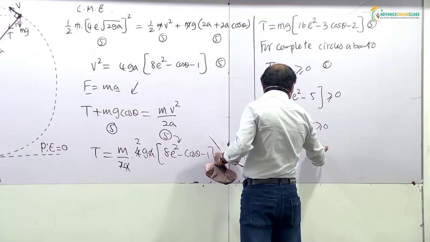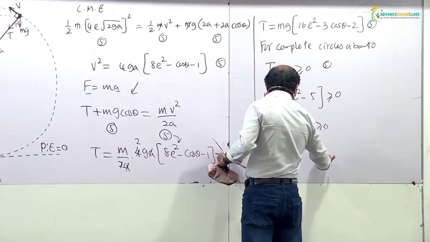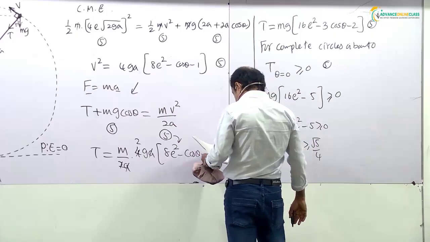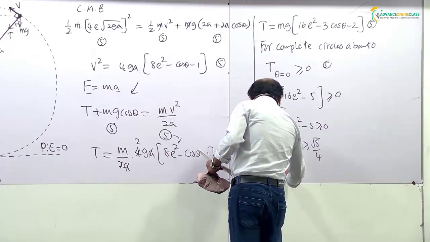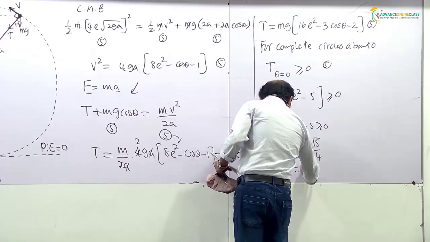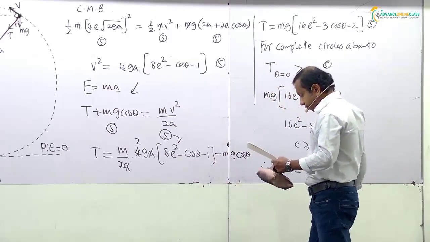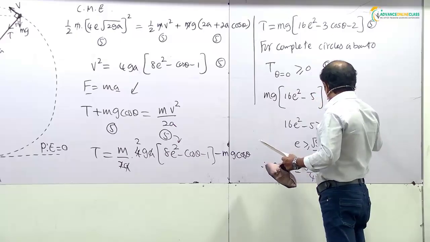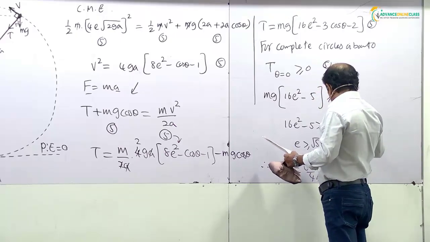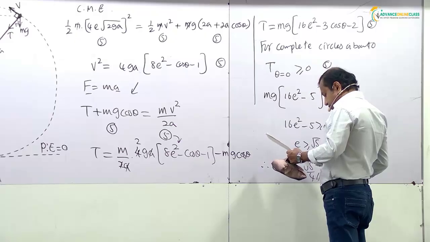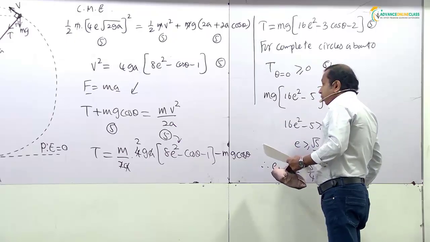E is greater than or equal to root 5 over 4. What is e minimum? E minimum is therefore root 5 over 4. So here, simplification 5 marks, and for the last answer, 5 marks.